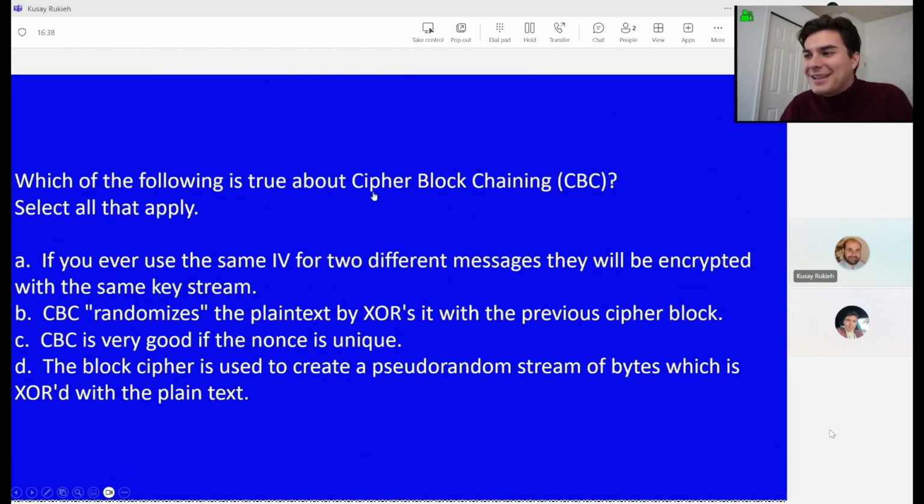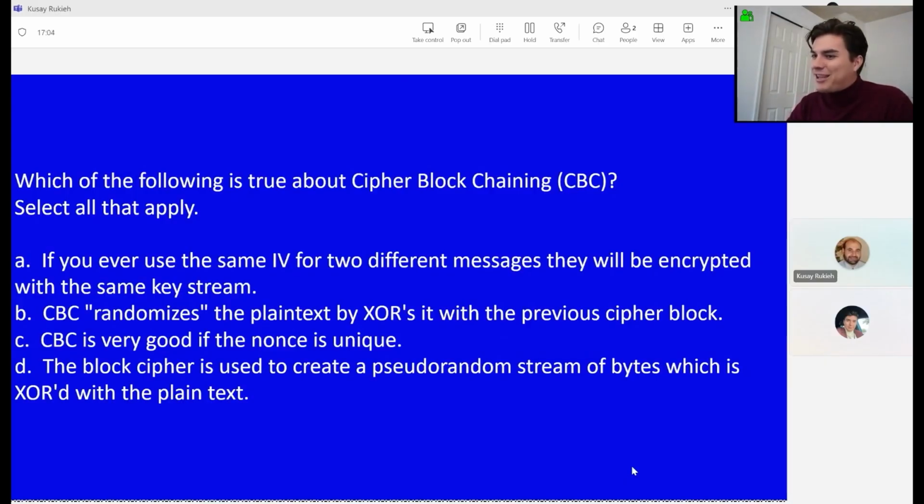Now, which is true about CBC, or cipher block chaining? Again, the first question you ask yourself is: is CBC a stream cipher or a block cipher? Cipher block chaining is a block cipher. If you ever use the same initialization for two different messages, they will be encrypted with the same key stream.